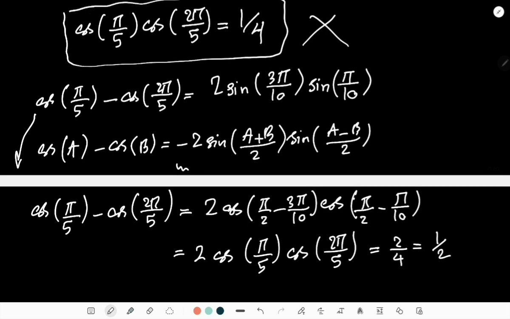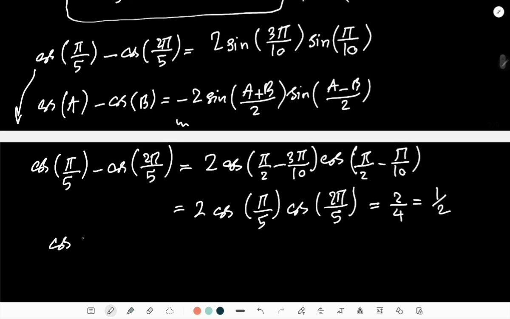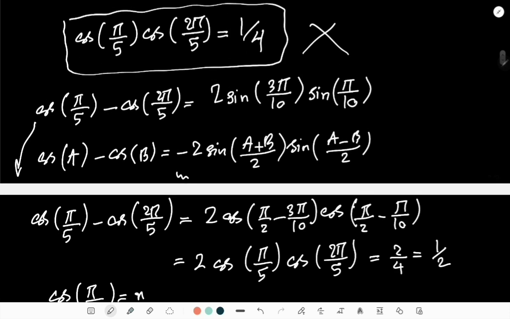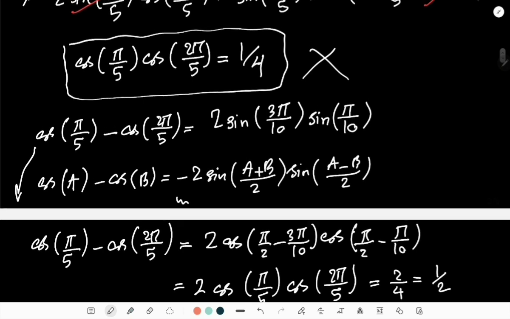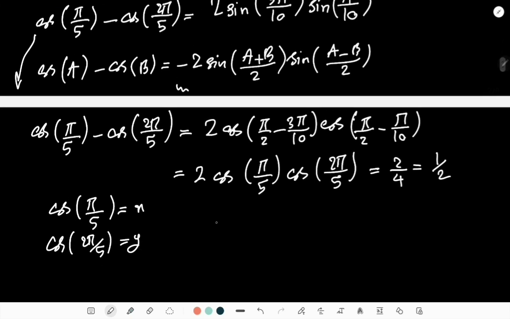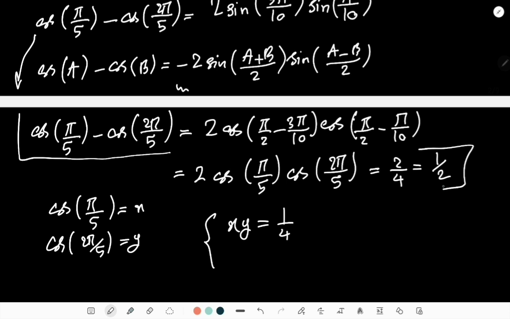Perfect. So if I take cosine of pi over 5, let's say as x, and I take cosine of 2 pi over 5 as y, then this identity here, which I had, suggests x times y equals 1 over 4, and this guy here suggests that x minus y equals 1 over 2.